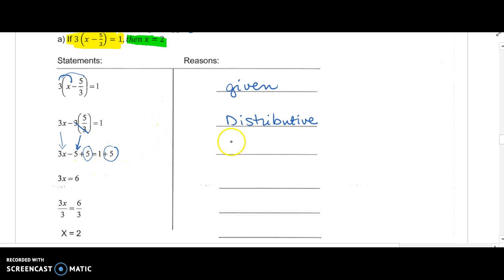Looks like they added 5 to both sides of the equation, so I'm going to say addition. Then it looks like they canceled these out and combined those. So since they're combining like terms, I'm going to call that substitution.